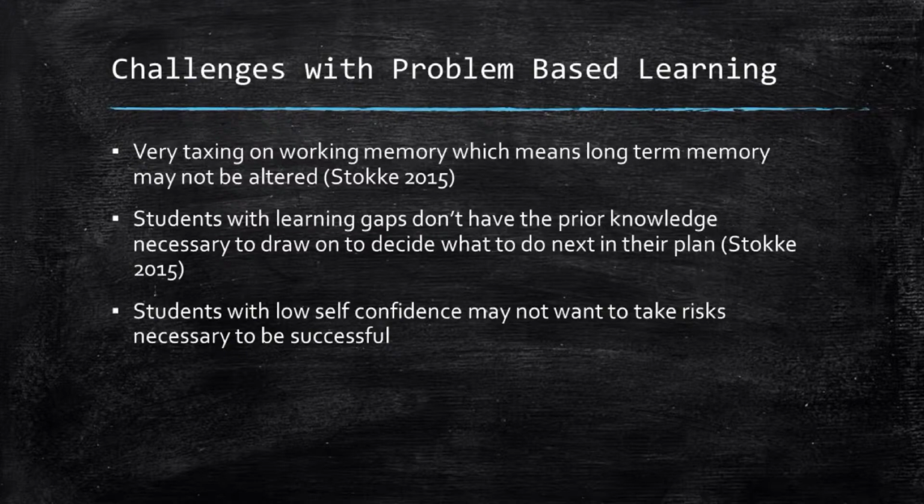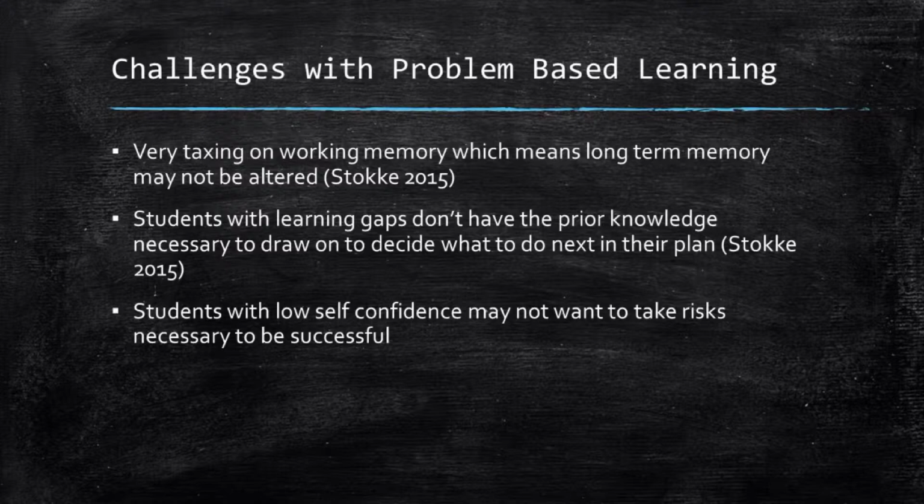Many of the studies that have been written about problem-based learning use students who are above average or gifted. These are a lot of the studies which school divisions are using to support the need for problem-based learning. Because of this, we must think of our students with learning disabilities and try and decide if there are any places where they may be at a deficit when using problem-based learning.